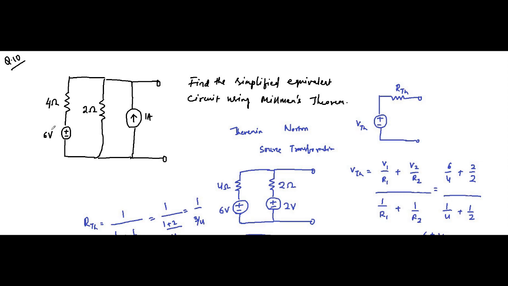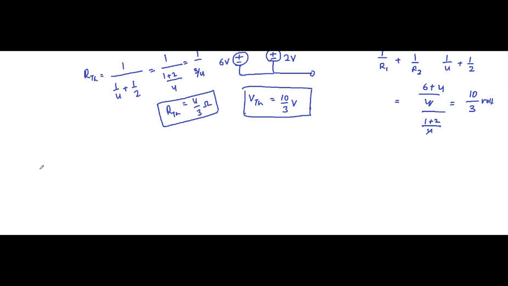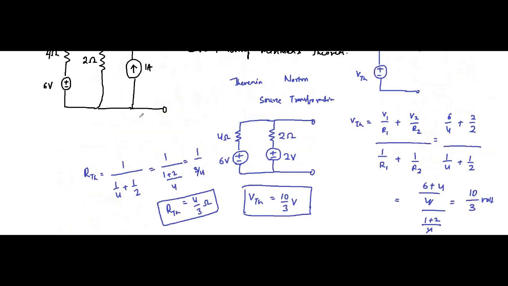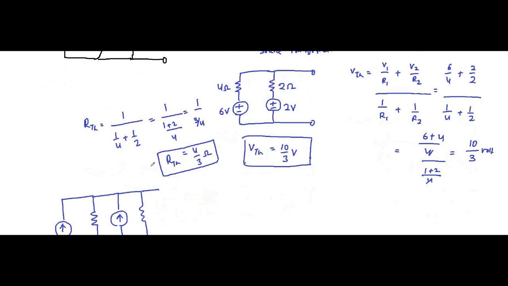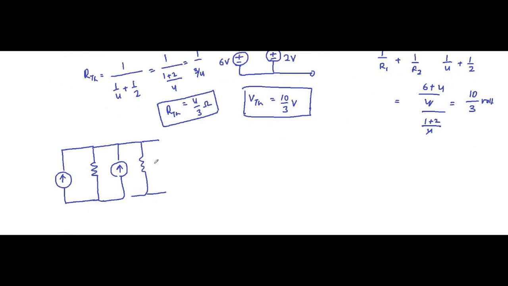So in that case the circuit will be something like this: current source, resistor, again a current source and a resistor. So this one is 1 ampere 2 ohm, that stays as usual.